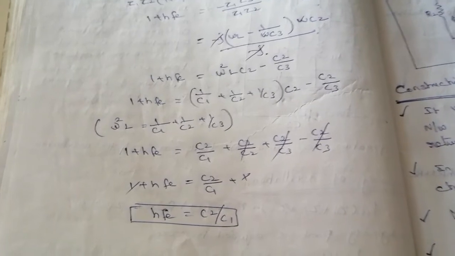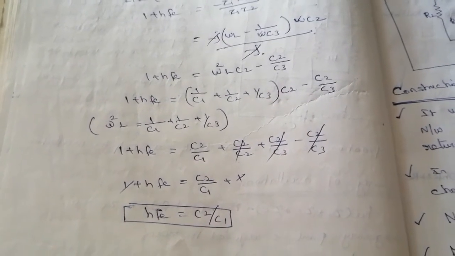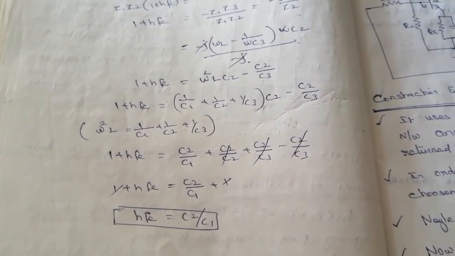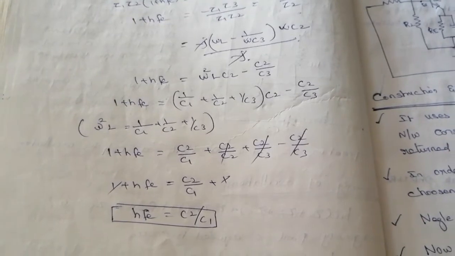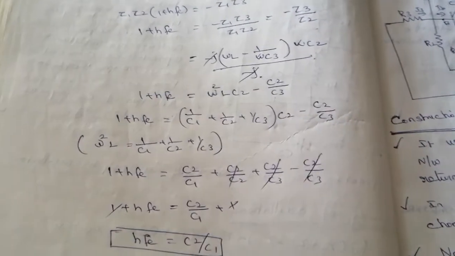In a Colpitts oscillator, the frequency of oscillation f is equal to 1 by 2 pi root of C equivalent into L, where C equivalent equals 1 by C1 plus 1 by C2. In Clapp it is the same, but C equivalent equals 1 by C1 plus 1 by C2 plus 1 by C3.